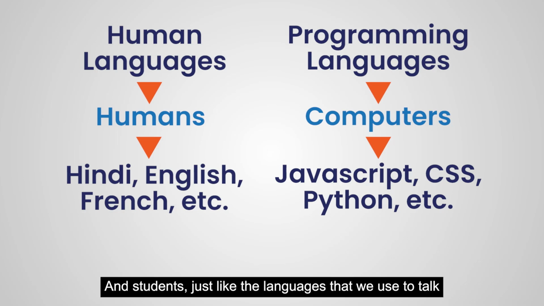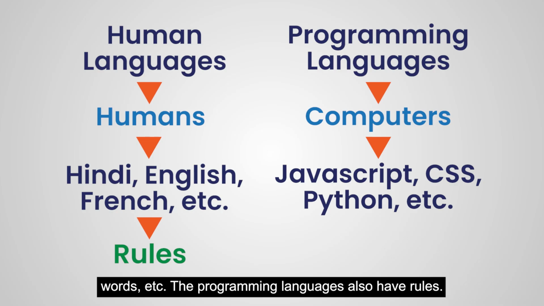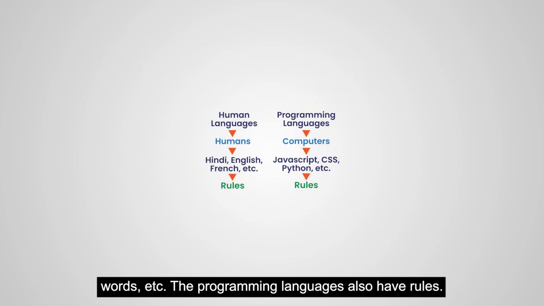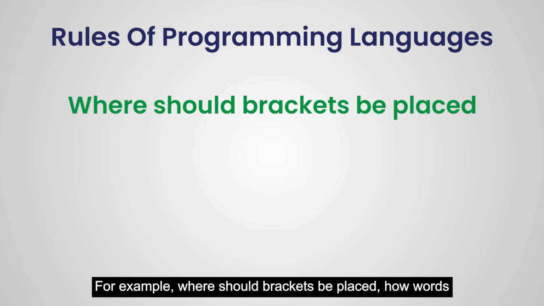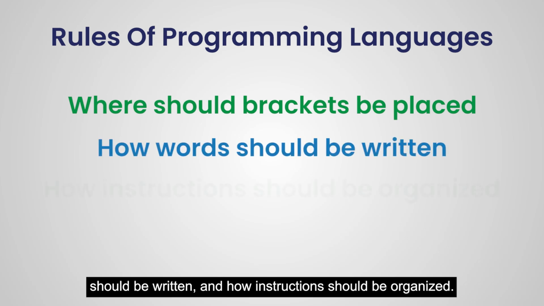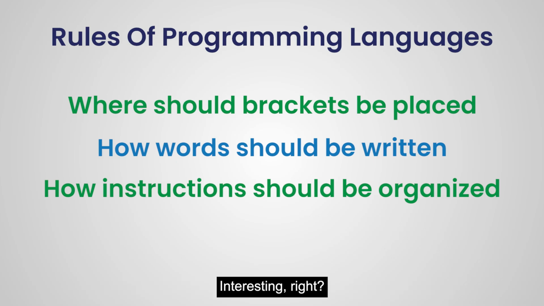And students, just like the languages that we use to talk to each other have some rules like how we write sentences, words, etc., the programming languages also have rules. For example, where should brackets be placed, how words should be written, and how instructions should be organized. Interesting, right?